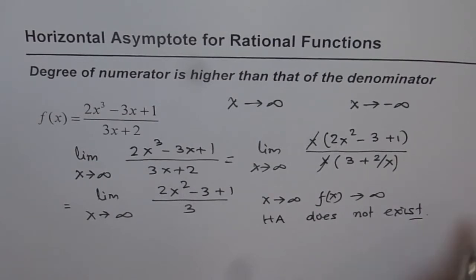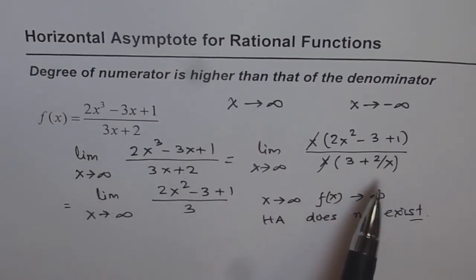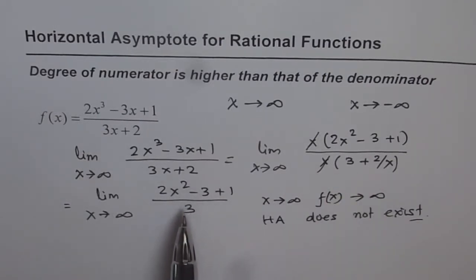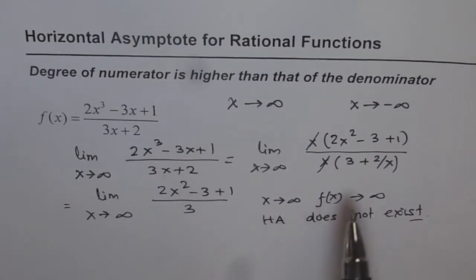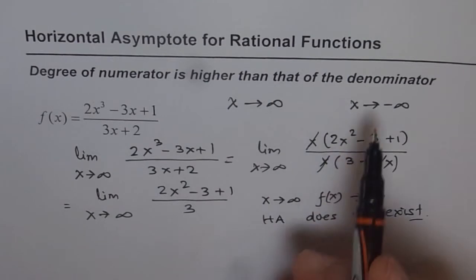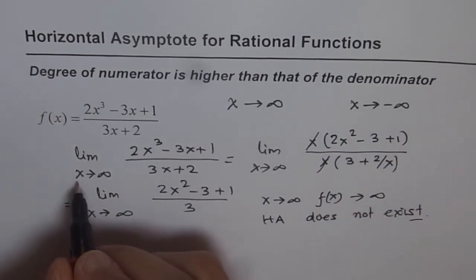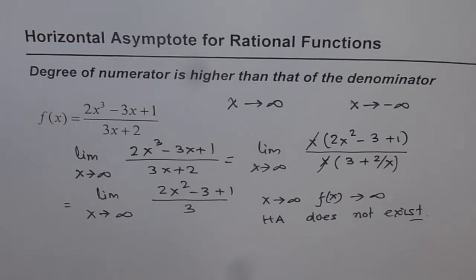So in all cases where the degree of the numerator is higher than that of the denominator, we can factor like this and then show that as x approaches plus infinity, the value of the function also approaches infinity. Now you could do the same calculations with negative infinity also. Let's say we did everything the same, and instead you take x approaches minus infinity.